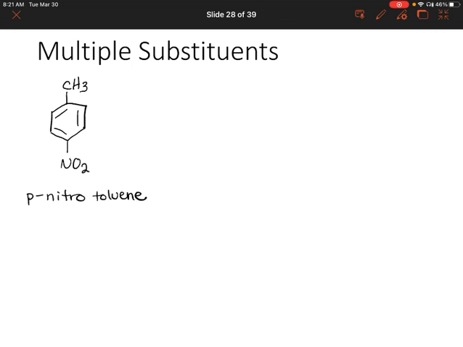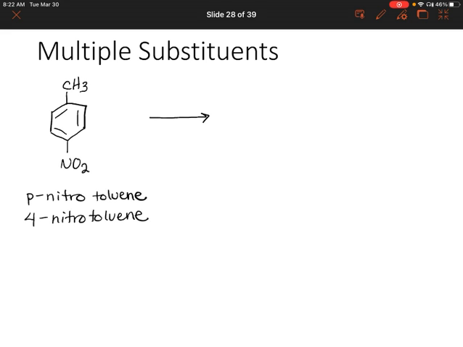Or we could number the substituents and say that the nitro group is at the fourth carbon in the ring. And then it's just understood that the methyl group is at position 1 since we're using that parent name of toluene.